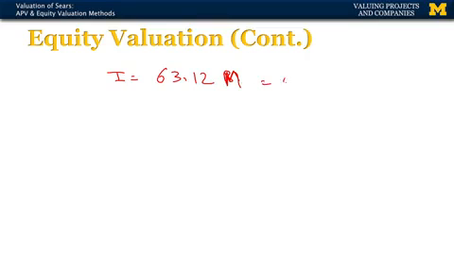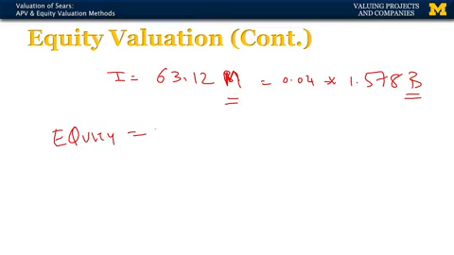How did I get that? 0.04 times $1.578 billion. Please notice the change in units. And if you do the multiplication, that should be the answer. So let's figure out value using equity method. We have 250 minus 63.12.